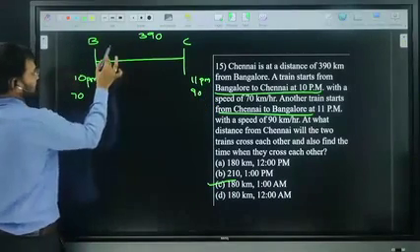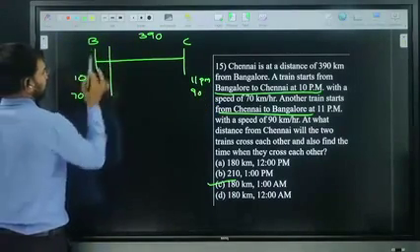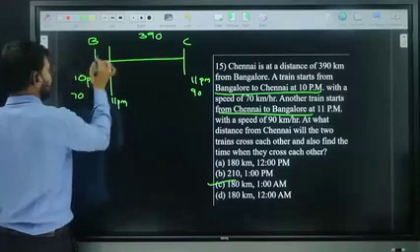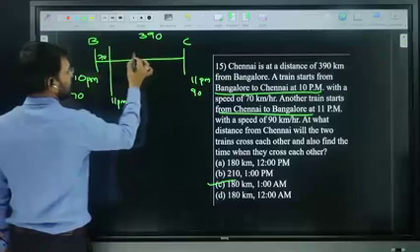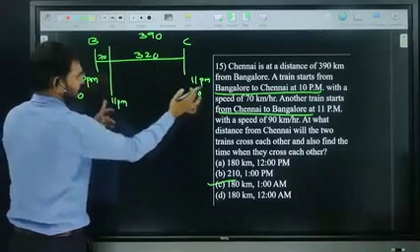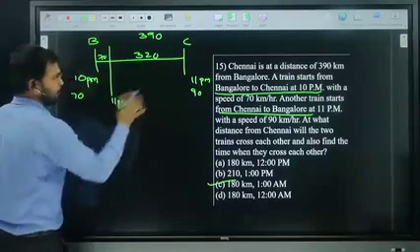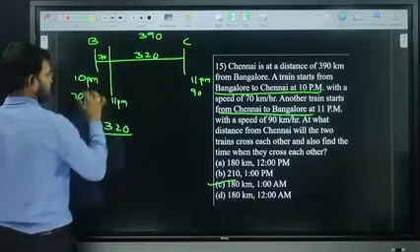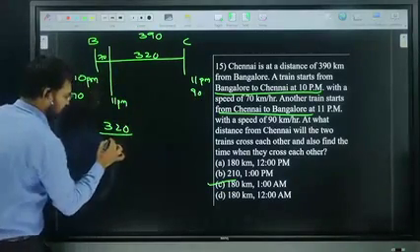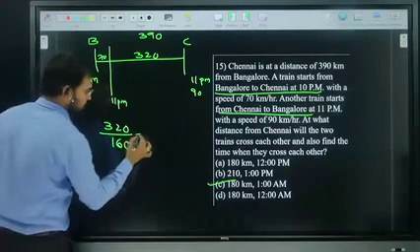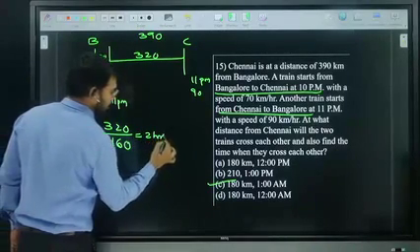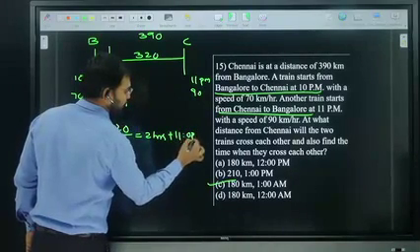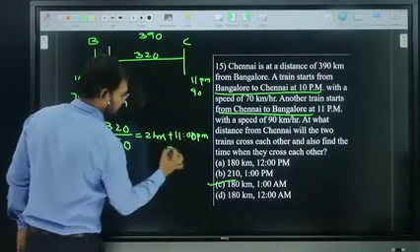First train covered 1 hour, 70 km. The remaining is 320. At 11 p.m. both are in motion. Therefore 320 divided by 160, combined speed of 90 and 70, it will take 2 hours. This 2 hours is added to 11 p.m., that is nothing but 1 a.m.